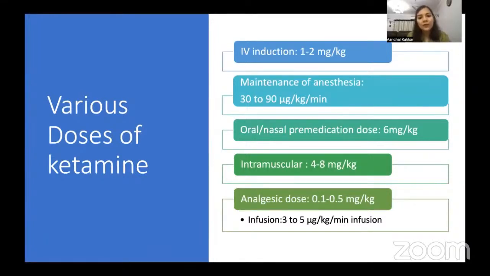Infusion for pain relief can be given as 3 to 5 microgram per kg per minute. Long back, when the oral or nasal routes were not available for ketamine, the pediatric population used to receive intramuscular ketamine mixed with an antisialagogue agent such as glycopyrrolate or atropine.